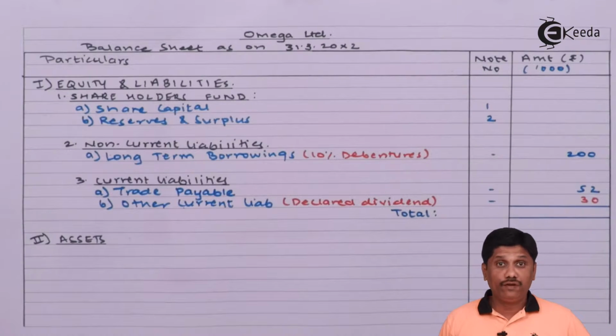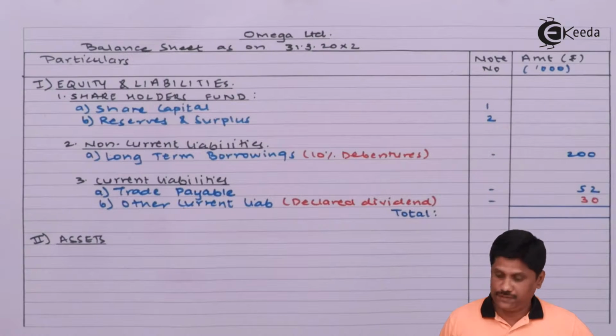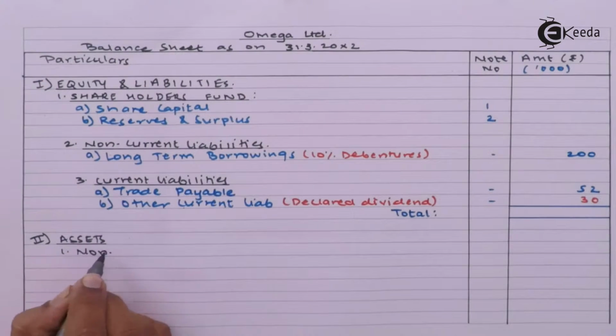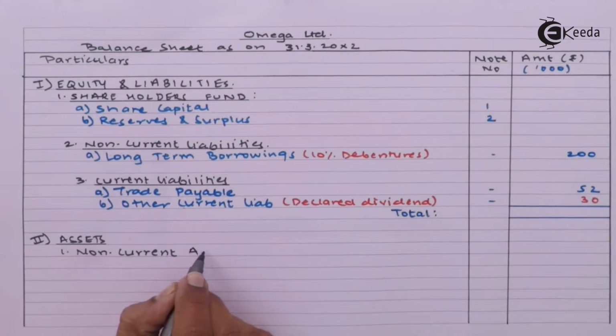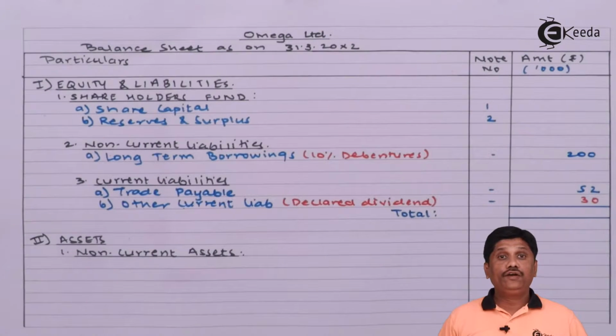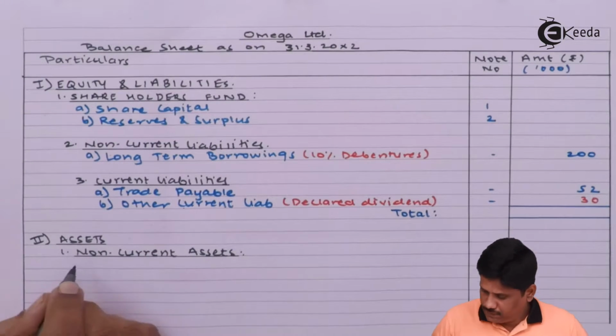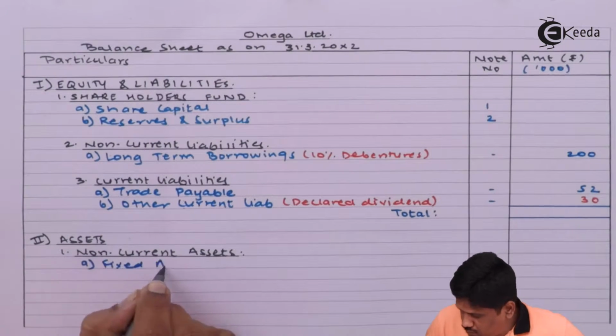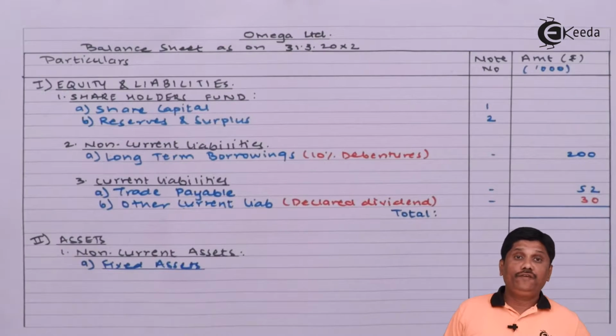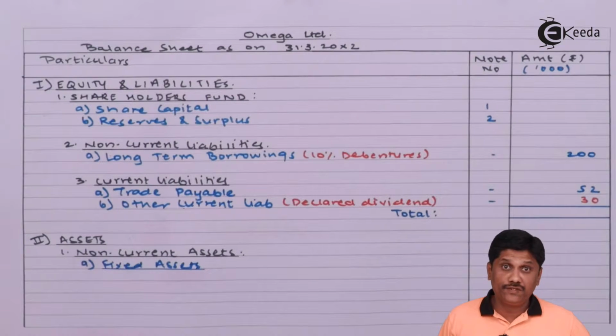Under assets, number 1, we will write non-current assets. Under non-current assets, students, we have a fixed asset. Under fixed asset, we have tangible fixed assets.